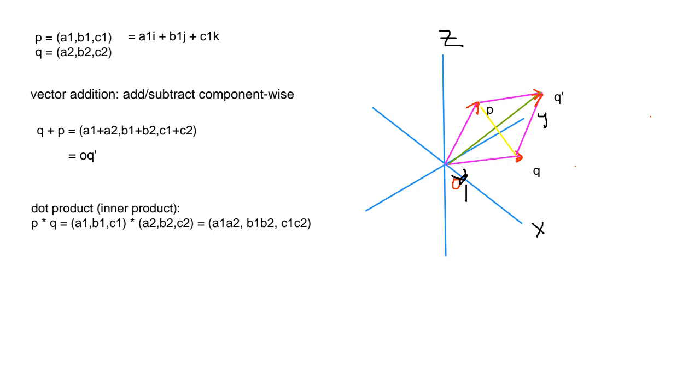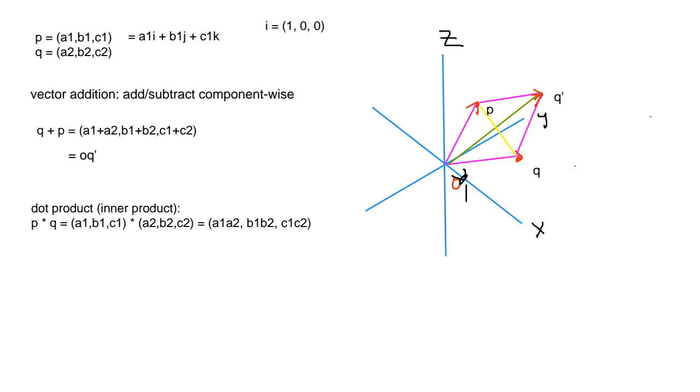So what's i? I itself is a vector, has value 1 on the x-axis. What value on the y-axis? What value on the z-axis? 0, because i is just one unit on the x-axis.